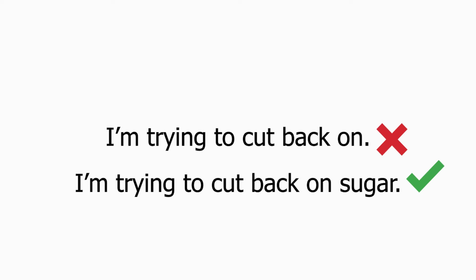I'm trying to cut back on. I'm trying to cut back on is not okay because we have got the object missing. It's a transitive phrasal verb, so we really have to say what. I'm trying to cut back on sugar. I'm trying to cut back on caffeine. She's cut chocolate back on.